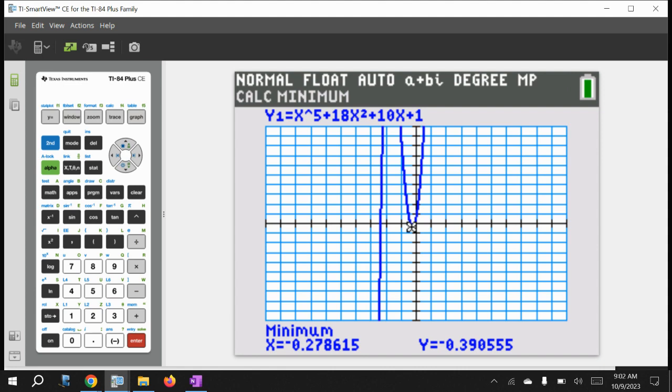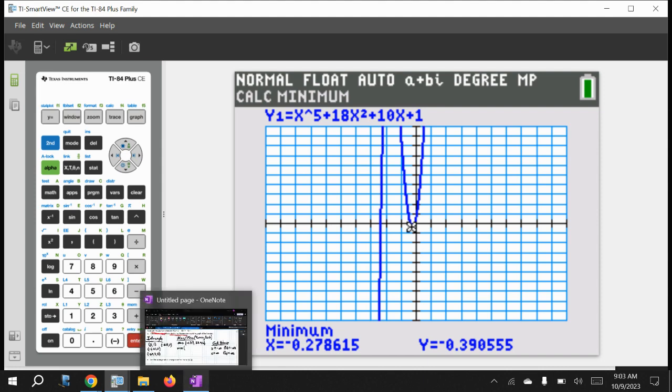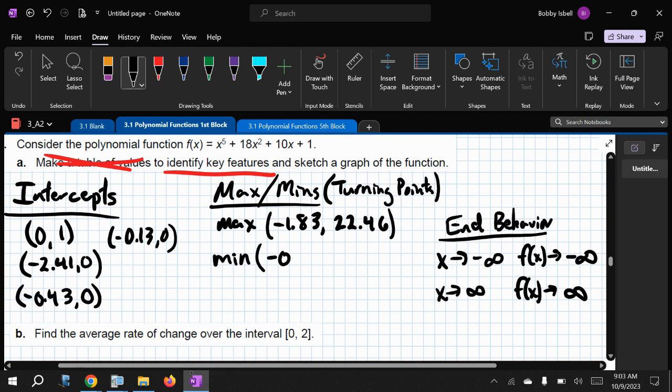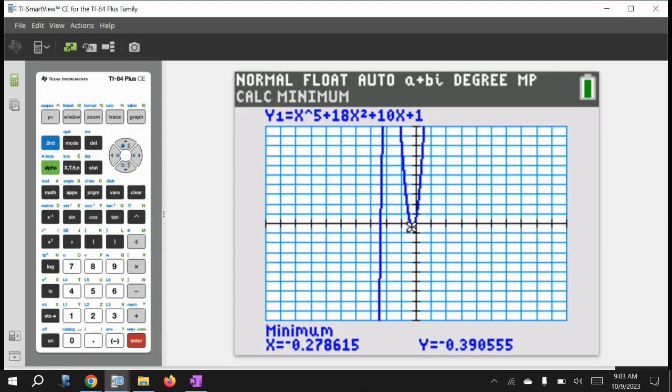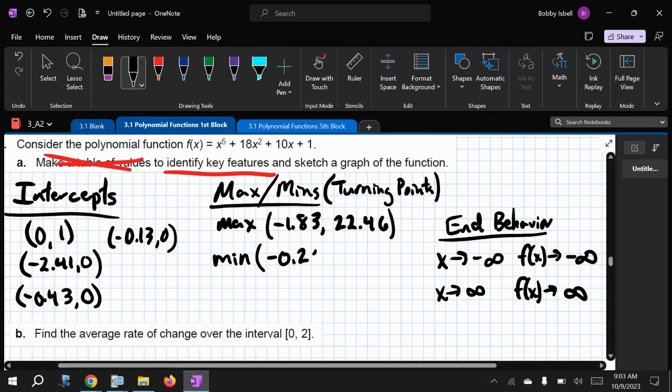Negative 0.28, sorry, and then negative 0.39. Make sure I round that correctly. Negative 0.28 and negative 0.39.